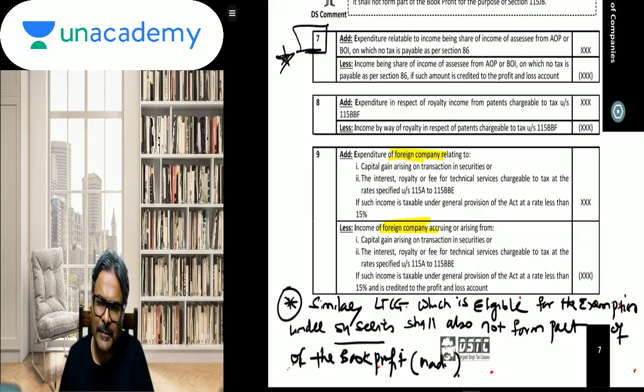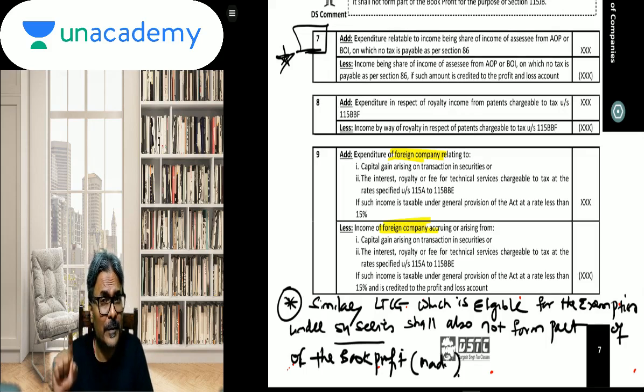That royalty income would be charged to tax in the hands of whom, students? In the hands of the resident as per the normal provision at the rate of 10% on gross basis.